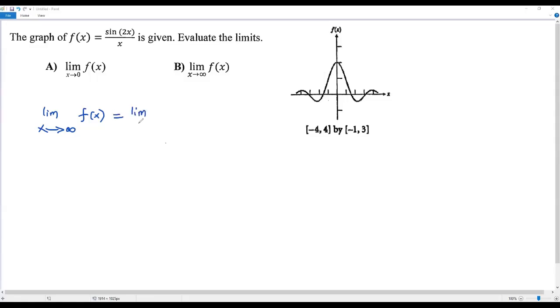So in this case, let me write this over here: the limit as x approaches positive infinity. For f of x, we can plug in sine of 2x over x. Now it doesn't matter what angle measure we have over here. The value of the trigonometric function sine always oscillates from -1 to +1.